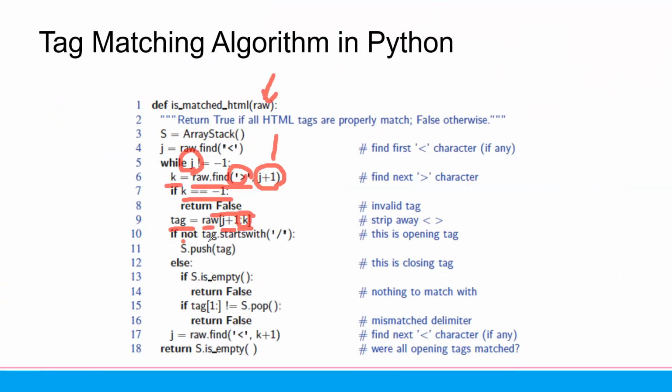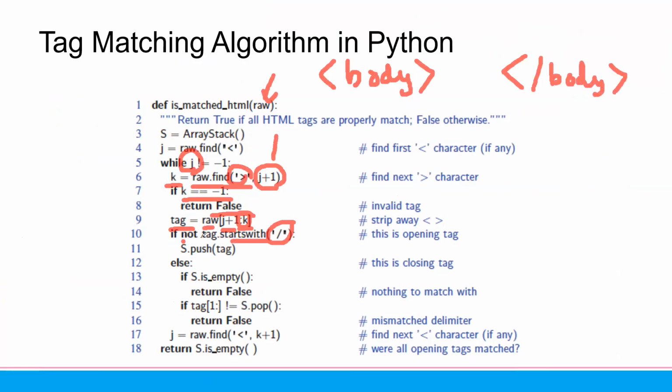If not tag starts with this one, so if we have body, this is the opening, and if we have slash body, it means this is the ending. So if it does not start with slash, this is an opening tag. If it starts with slash, then this is a closing tag.